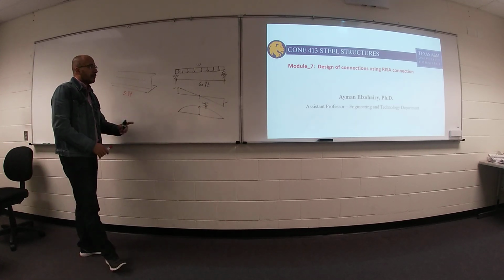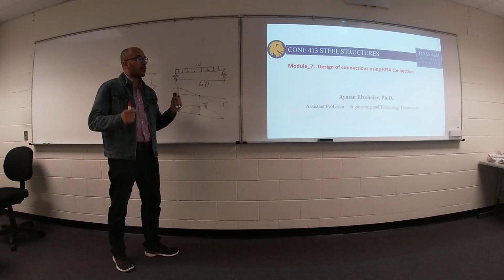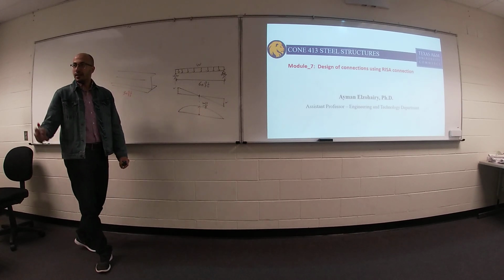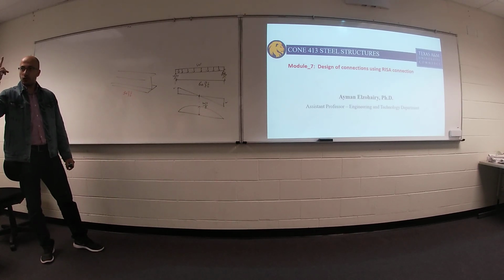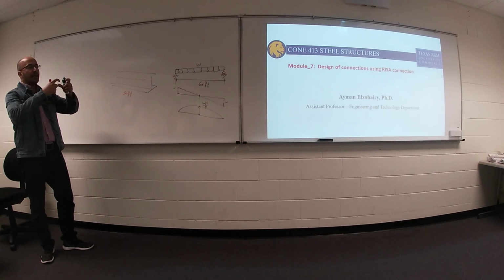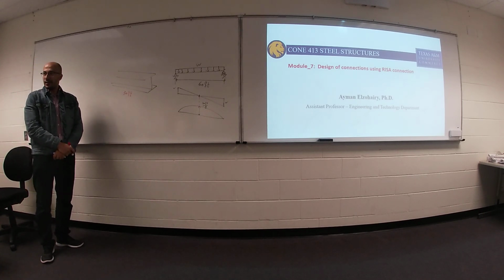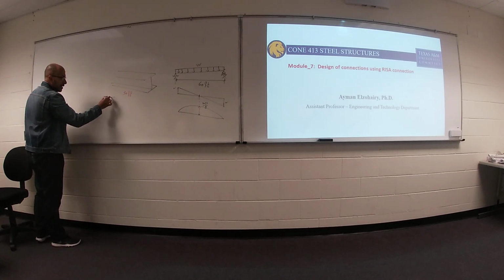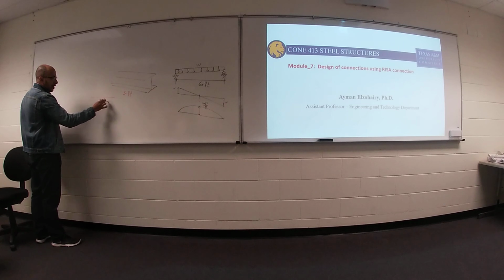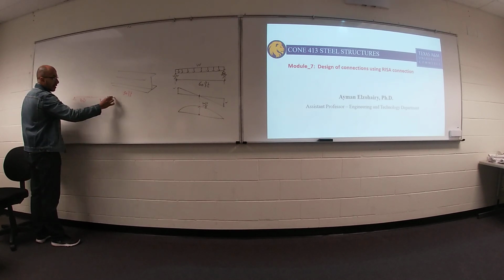That means if you would like to construct a beam with 60 feet, what should I do? I will use two beams, each one 30 feet, connected together at a certain point. So I will have a beam with 30 feet, another beam with 30 feet, supported here and supported here.